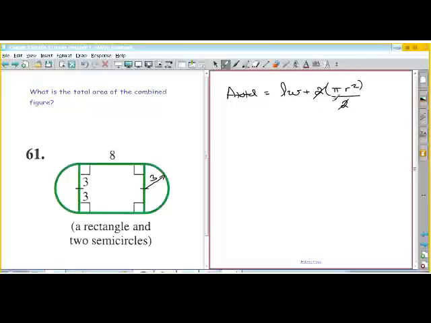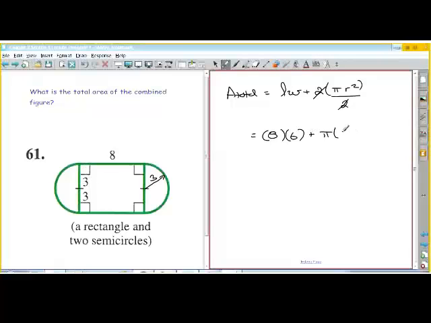You see those cancel out, so we get either 2 semicircles or 1 circle. And then we just plug the numbers in. The length is 8. The width of the rectangle is 6. I almost wrote 3 down, but you got to make sure that you're identifying the correct dimension. So the radius is 3, but this distance is 6.